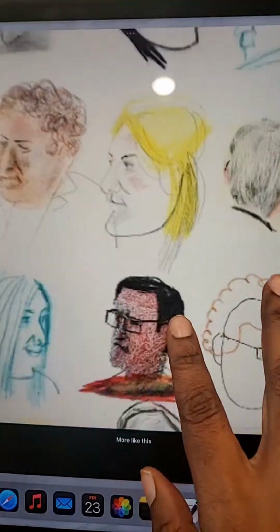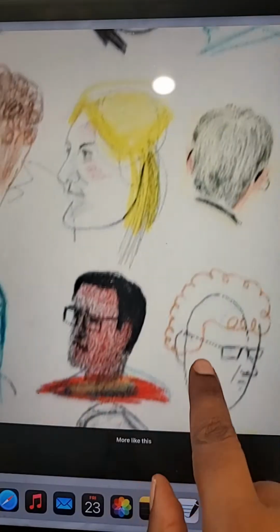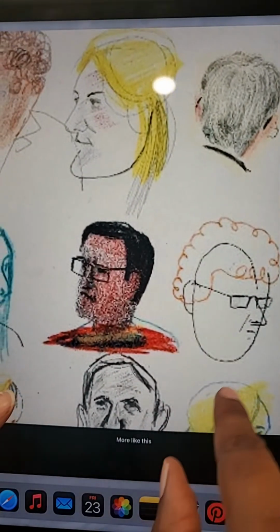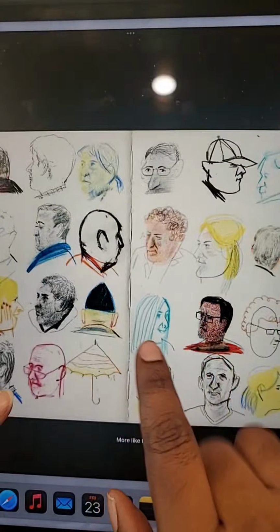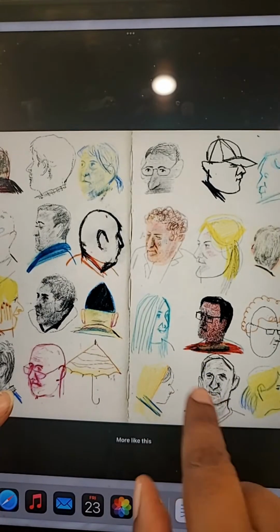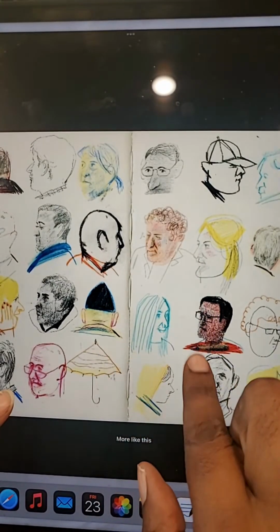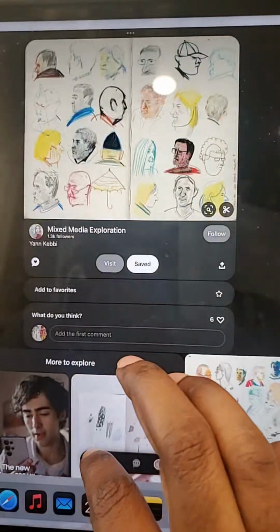I love when he has these very basic ways that he draws people, but then mixes it in with these very detailed ways that he can draw images. So I like that one as well.